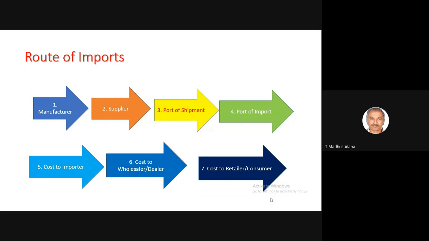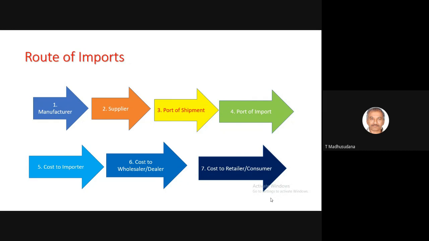That means if the imported goods are to reach the consumer, all these stages are to be crossed. All these stages, goods are to be processed from manufacturer to supplier, supplier to export port, from export port to import port, then importer, wholesaler, and retailer and consumer.